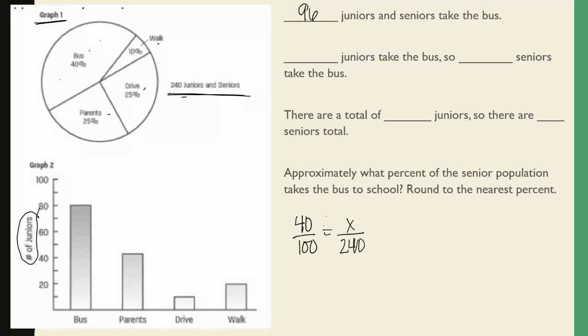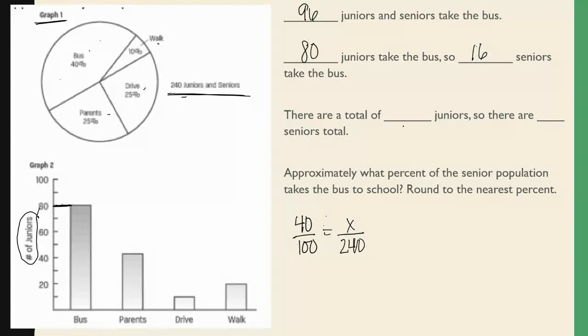Now remember, this is 96 juniors and seniors. I know from my graph down here that 80 juniors take the bus, which means that 16 seniors take the bus. I know this because I know that 96 total take it. 80 of them are juniors, therefore 16 of them, by subtracting, must be seniors.